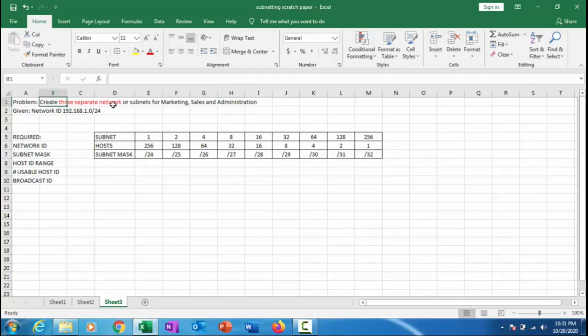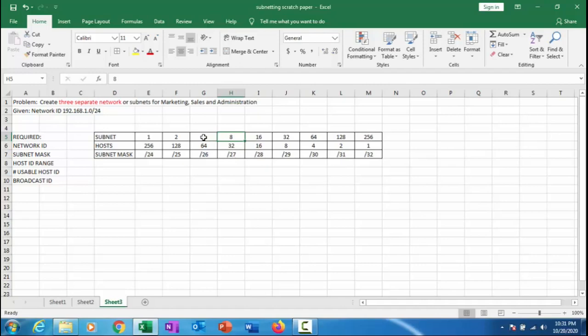So if we're looking for three separate networks or three subnets, which is what we're asked for, which row would that fall under? Is it one? Of course not. Two? Not two either. Four, because there's no three, since it's always times two. So it falls under four. It's not eight because that's too much already.